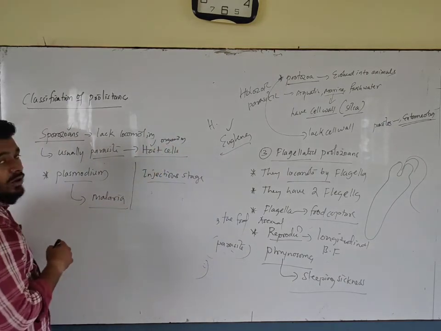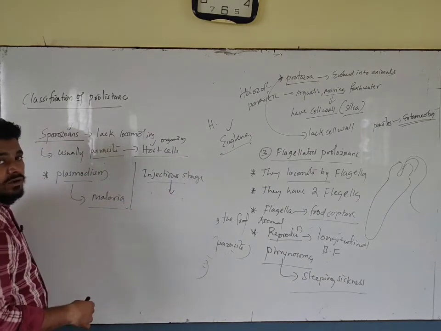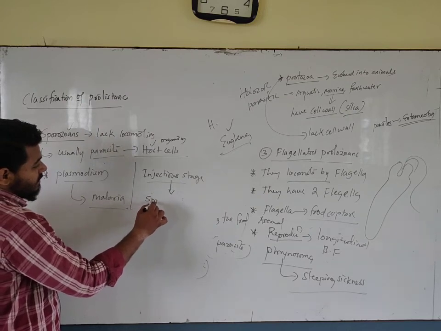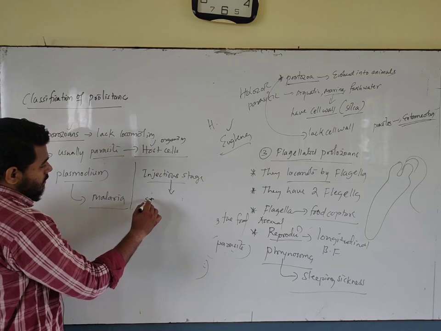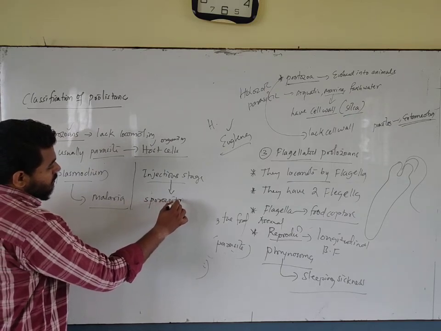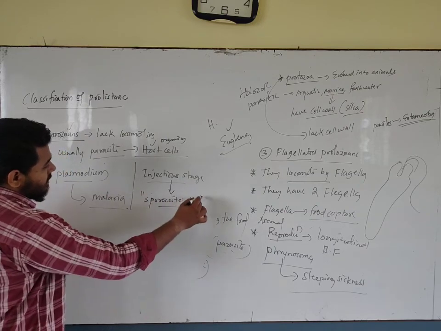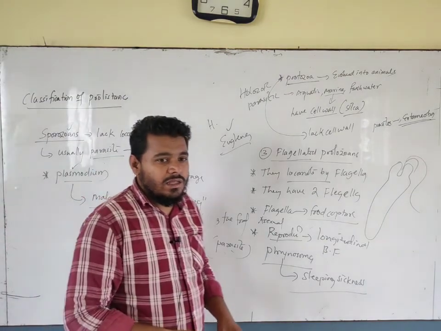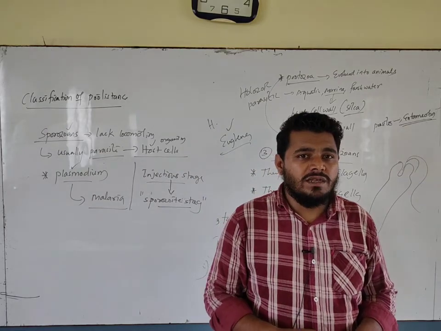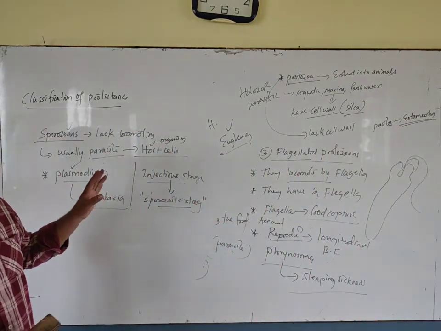That infectious stage is the sporozoite stage. This you have to remember. So one of the examples of these sporozoans is Plasmodium. They are malaria-causing parasites. Okay, so this is about protistans and the classification of protistans.